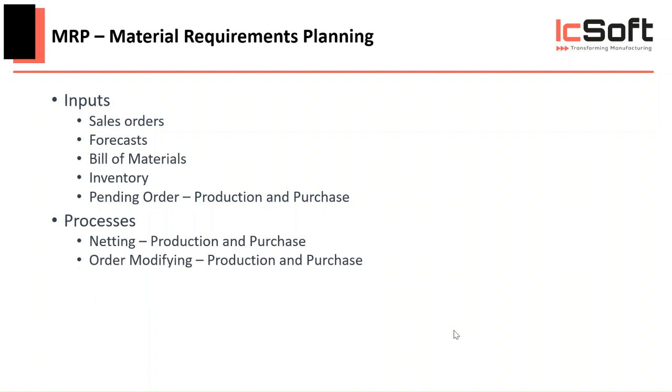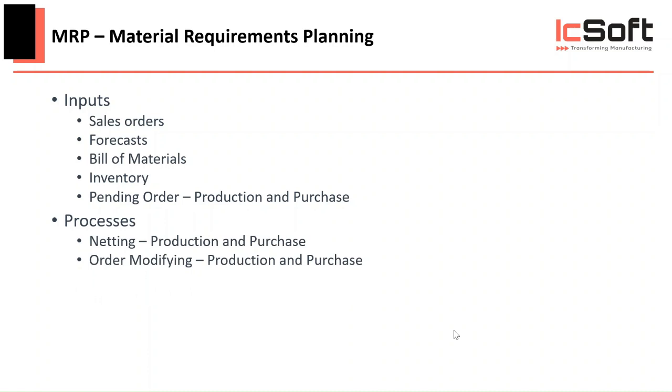Next step is modifying the net requirements, which can be used as supply orders. For example, suppliers have minimum order quantities, or manufacturing may have a fixed batch quantity.